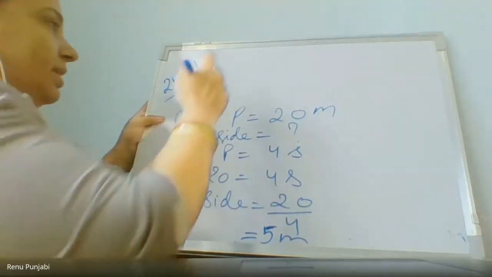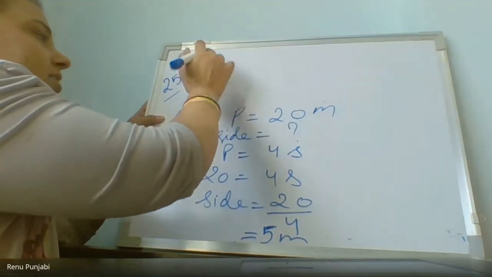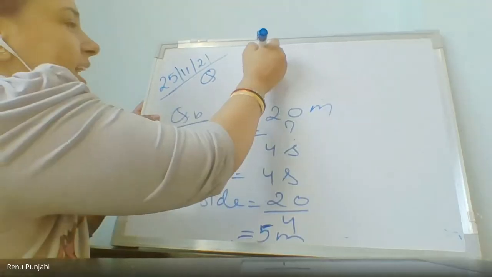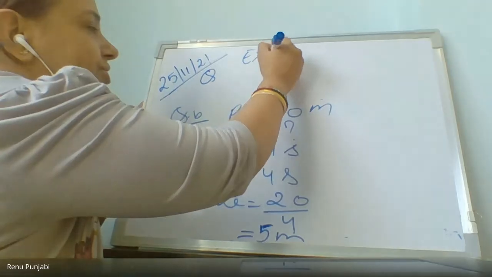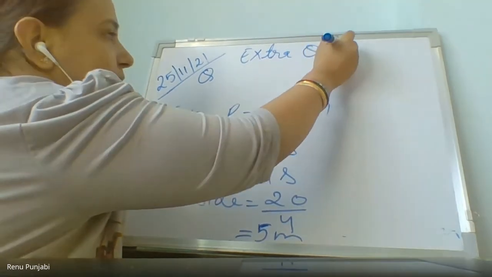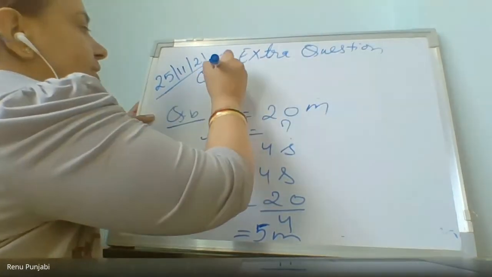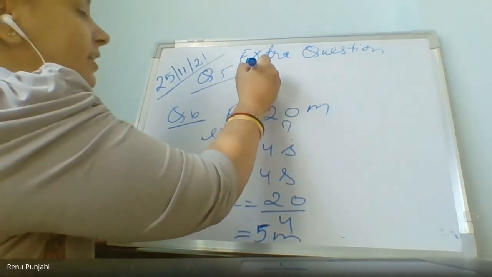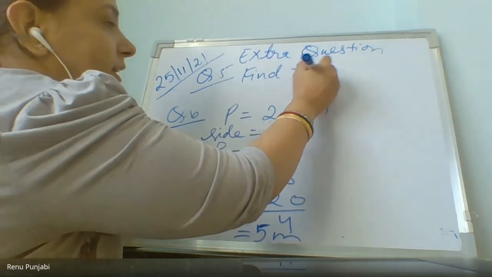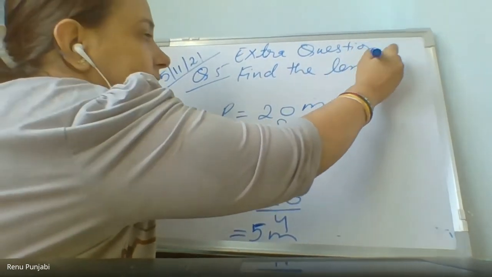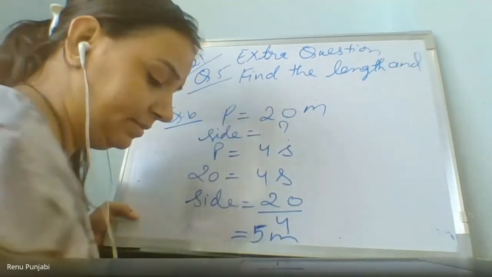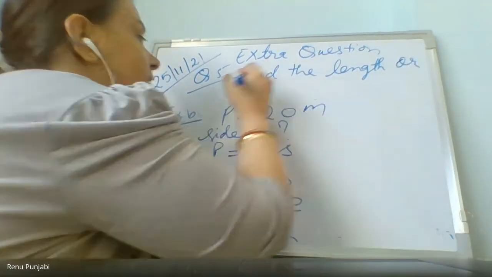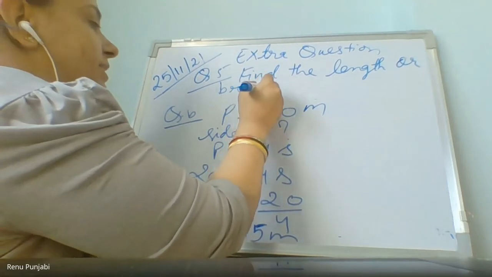Now, which question number is this, students? C. Write the heading: Fifth extra question. Question number 5.